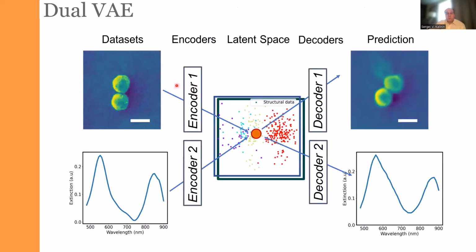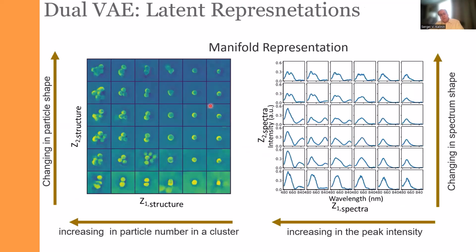So the way you build the dual VAE is you take these pairs of data, you encode them by different encoders into the common latent space, and then you decode them back. So all these 4 elements, 2 encoders, 2 decoders, are trained jointly, and you can impose some degree of connection into the latent space objects, whether they are rigid or not so rigid. And as a result, you get beautiful latent manifold representations.